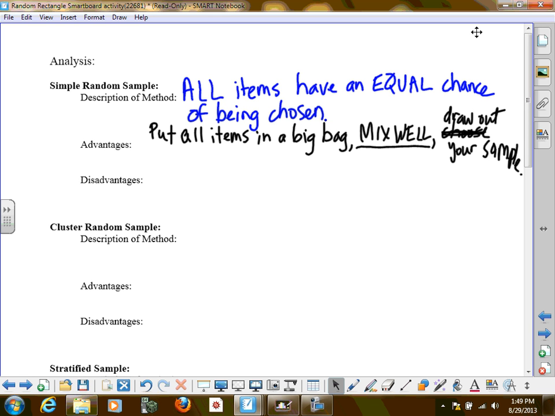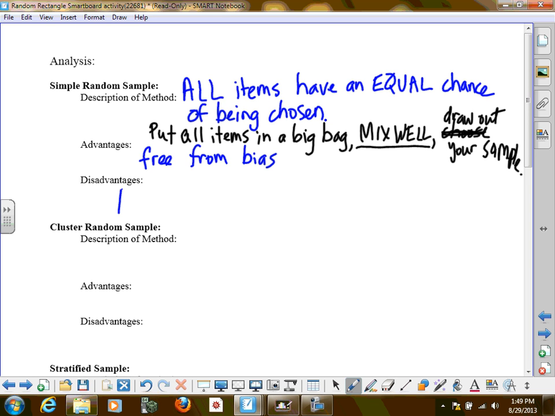Because you'd have a better chance of getting one of yours. You mixed it well, so you don't have any clue where your lottery tickets are in the big bag. Advantage is that it is free from bias. You had no input into what was chosen. All equal chance of being chosen.